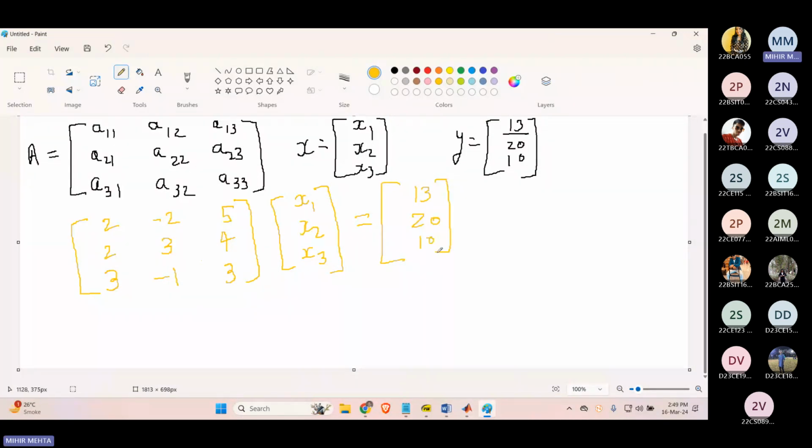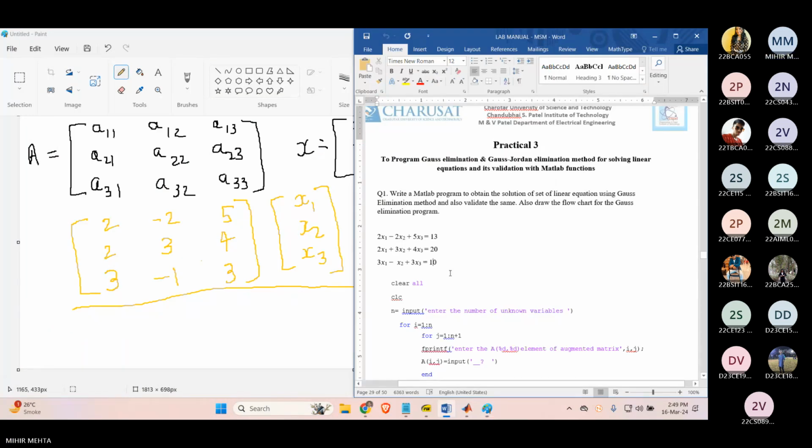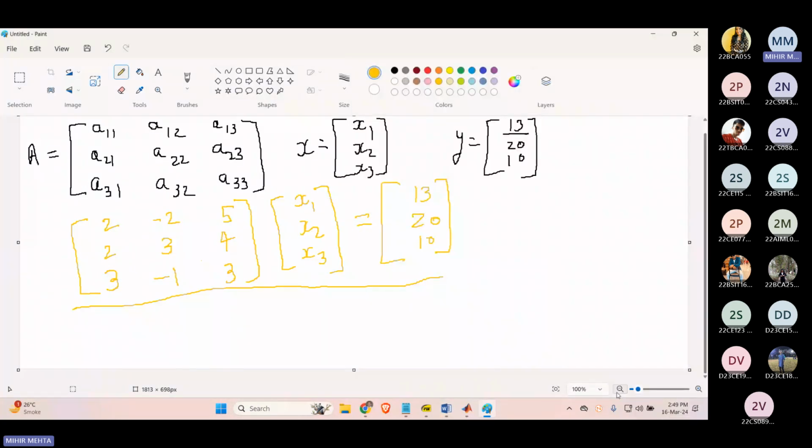So this thing which I have written in yellow ink justifies the same as these equations. Do you agree? Yes or no? This is the same as these particular equations.